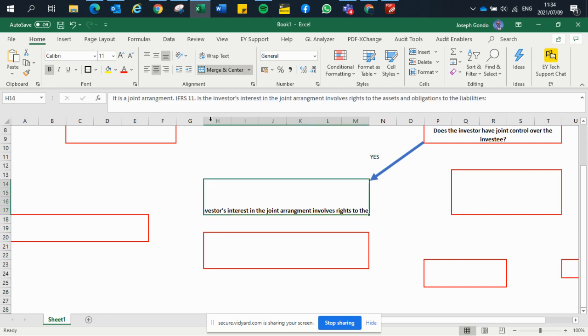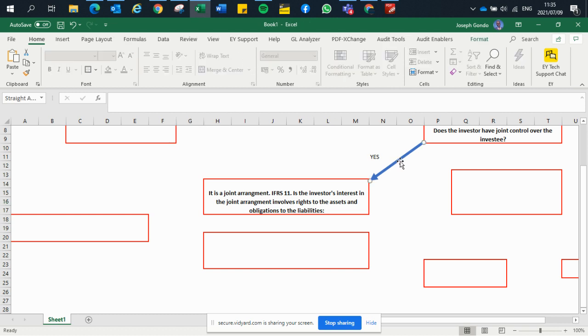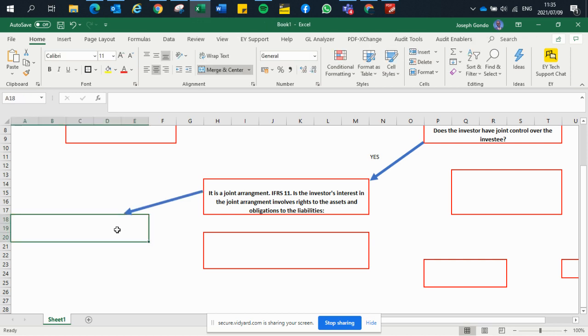So yes, it's a joint arrangement, but if we assess the interest of the investor, can we conclude that it involves a right on the assets contributed, and also an obligation over the liabilities incurred? If the answer is yes, then we have a joint operation.